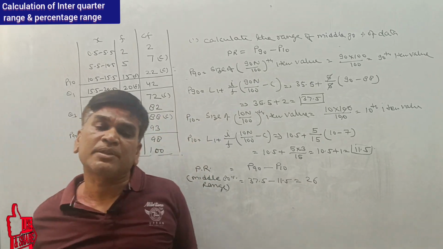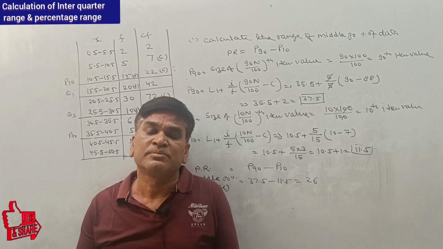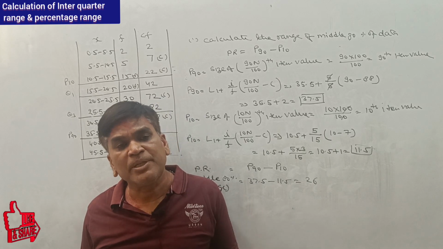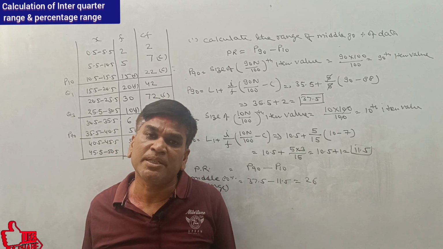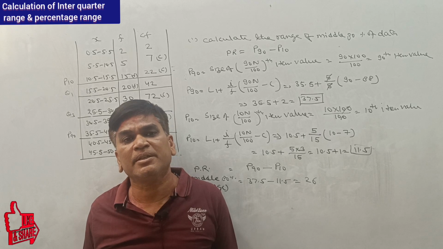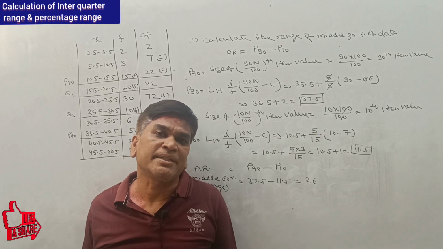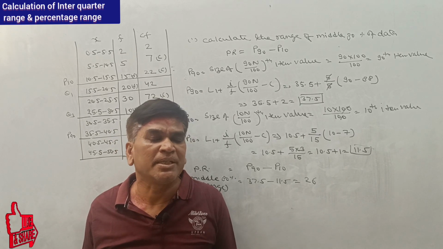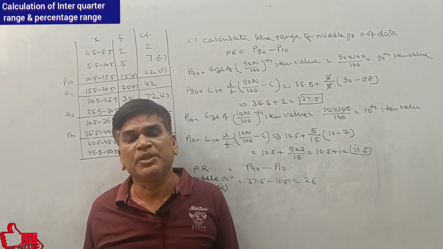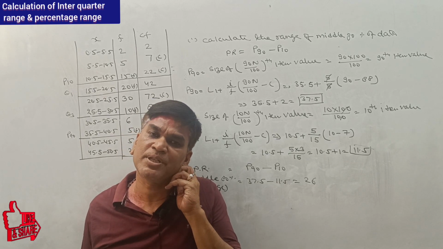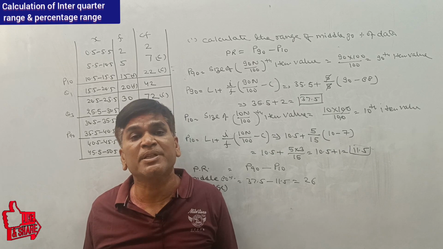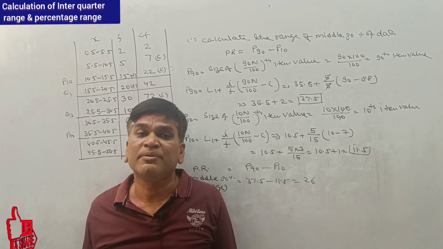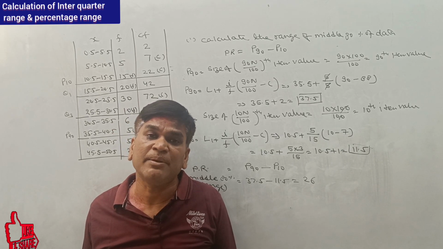So with this video, if we are to calculate the range of the middle 50% of the data, we have to calculate the interquartile range, that is Q3 minus Q1. If the question asks for the middle 80% range of the data, then we have to calculate P90 minus P10.